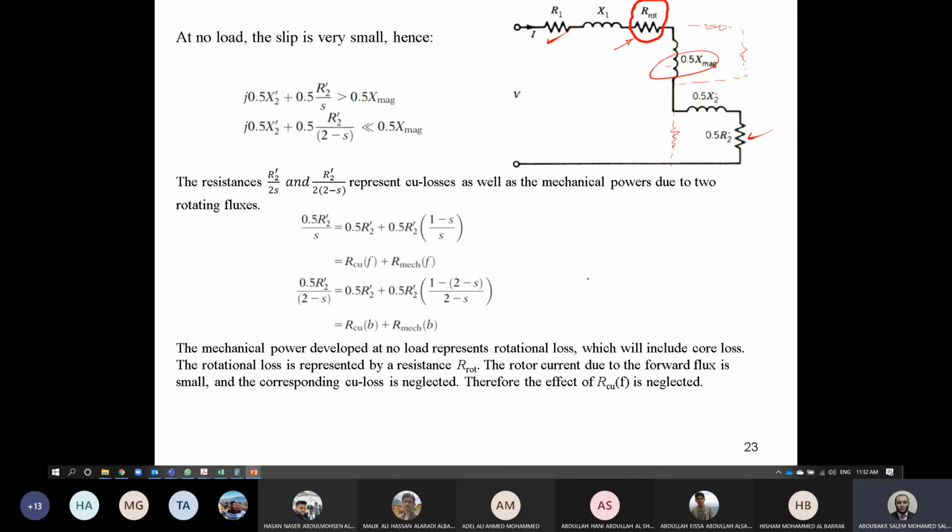So easily we can say, I don't know why the relation is not given, maybe the reference calculated it in a different way. This is our assumption we have made here. The resistance R2 prime over S, this is also part of what we said.